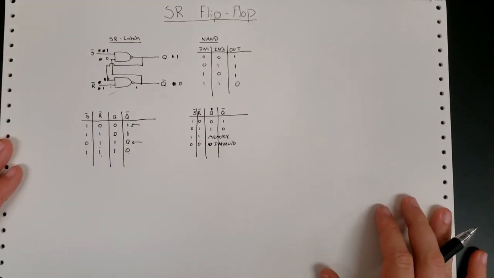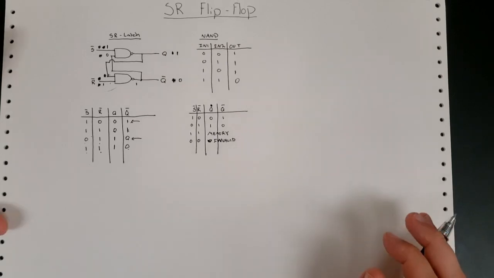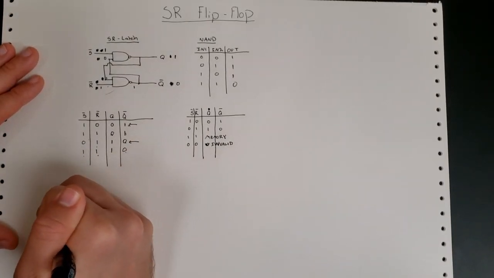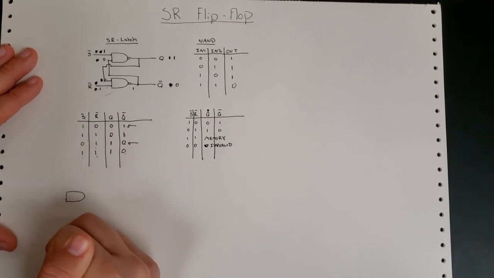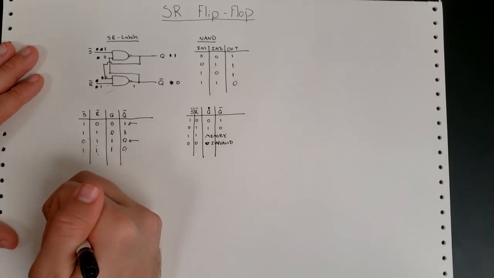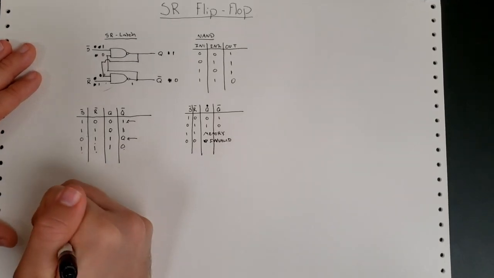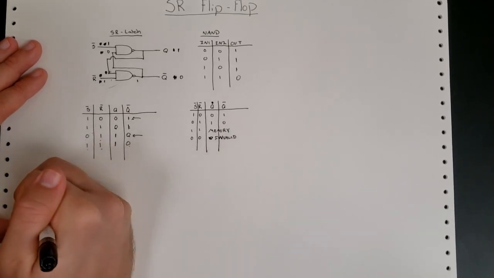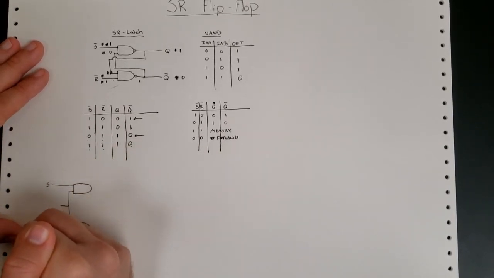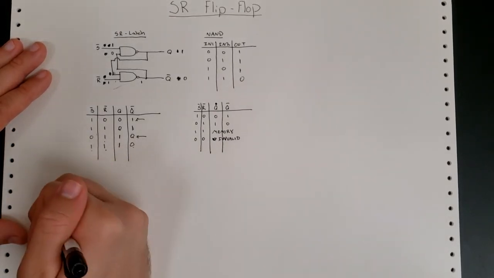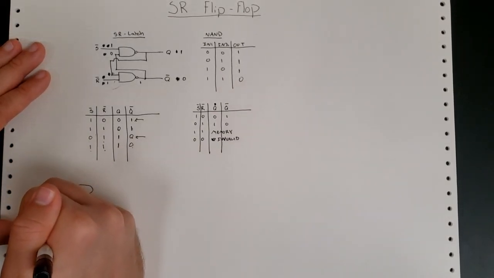Now let's go ahead and draw the SR flip-flop in its entirety. So that includes 2 more NAND gates. So we have a NAND gate there. And these two have 2 outputs connected to each other. And then these 2 inputs are S and R. And then the central input that are connected to each other we call the clock.